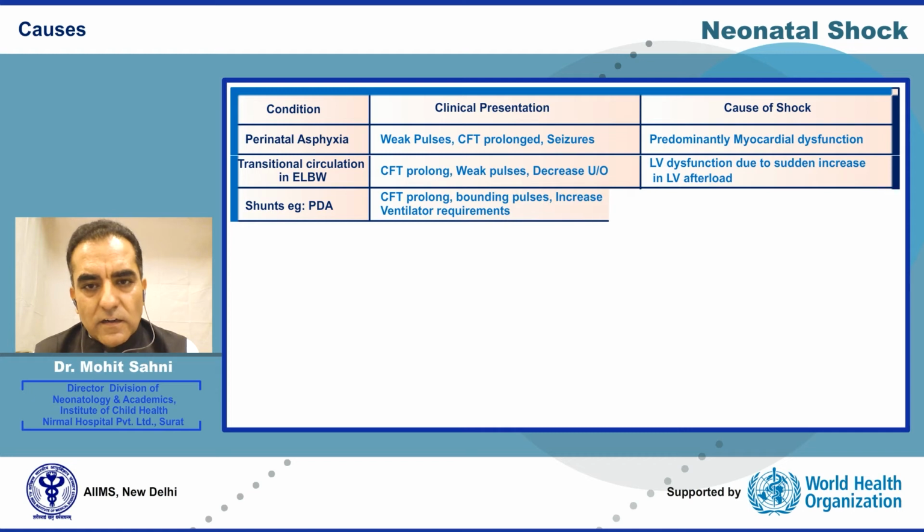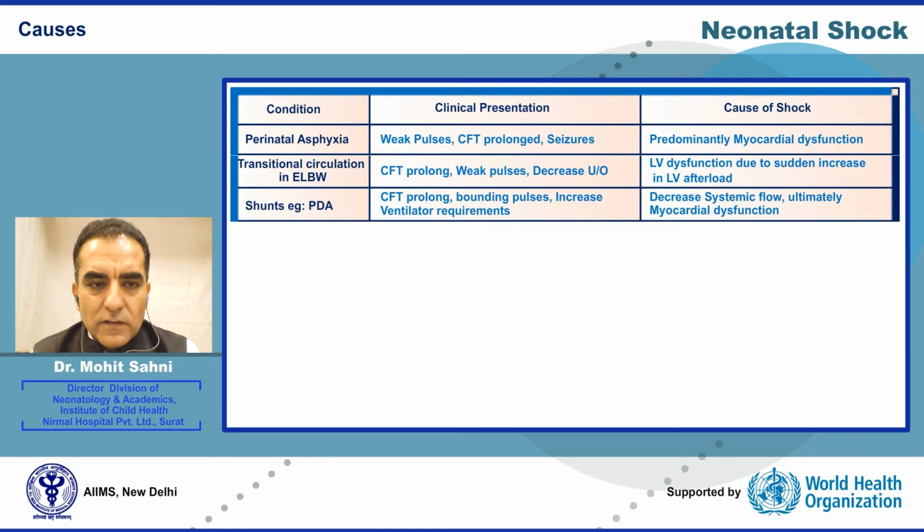We have already discussed that the main physiological component causing shock is decreased systemic flow because of ductal steal. They present with all the clinical features of shock, plus they will have bounding pulses and increased ventilatory requirements if the baby is already on a ventilator, or an increased need of oxygen.